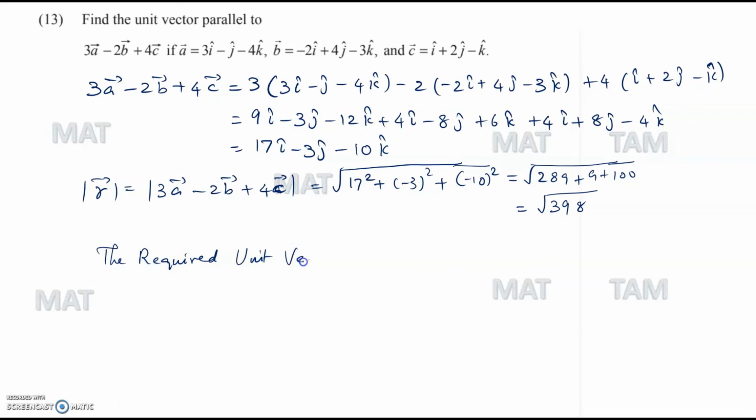So the required unit vector is equal to vector r divided by the magnitude of r.